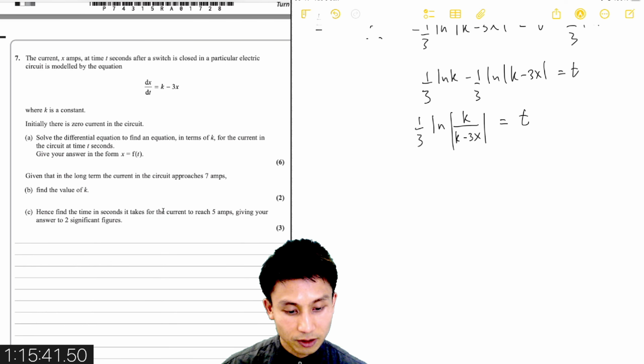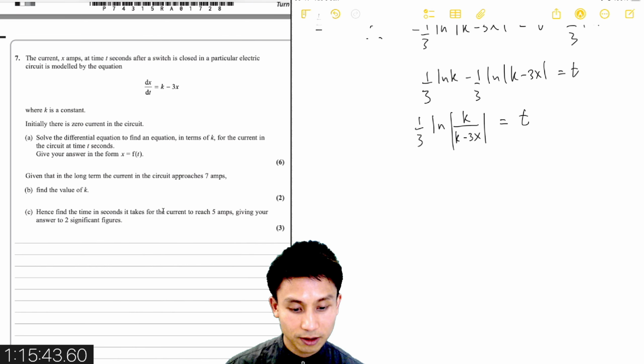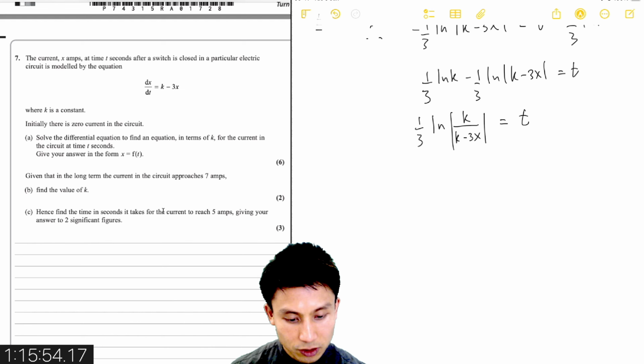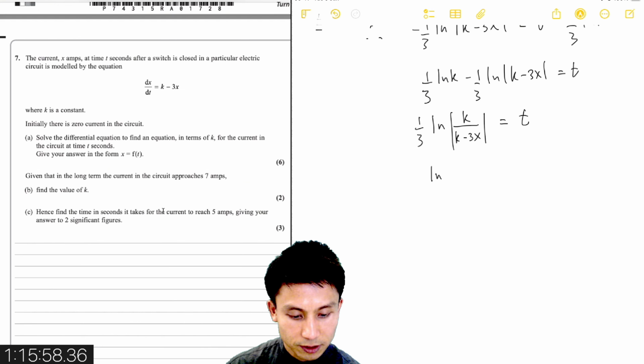Okay, so yeah, we can move it to the other side. Let's just do this first.